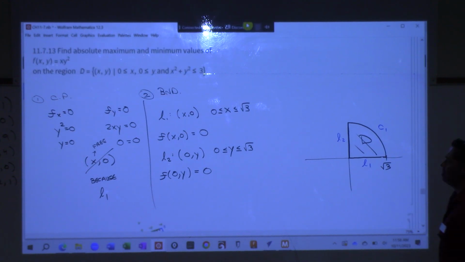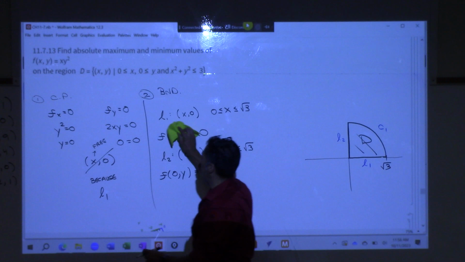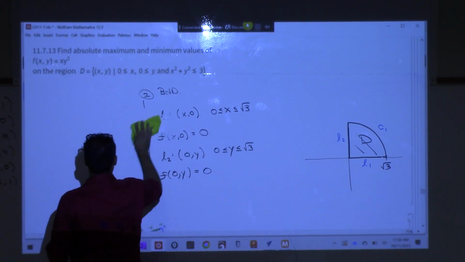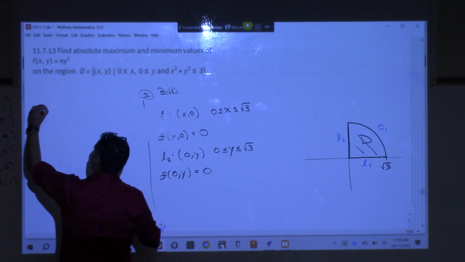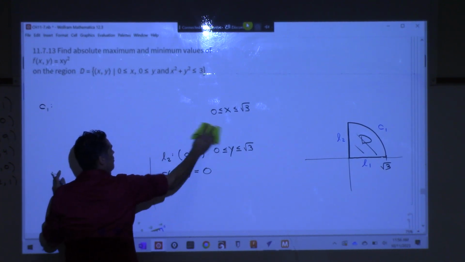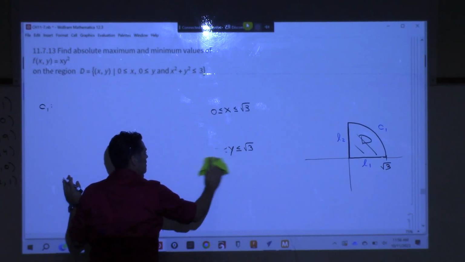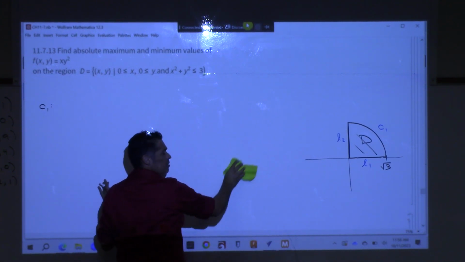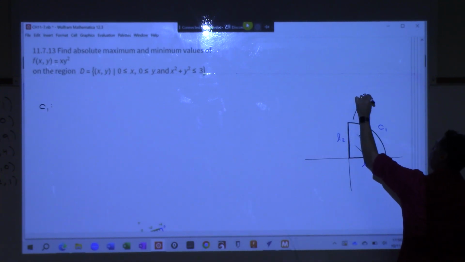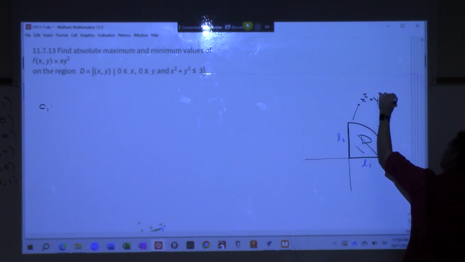All right, so now what? C1? Okay, let me erase this. I'll move along C1. So along C1, well, then I'm working on that circle, aren't I? I'm moving along the circle. And the equation of that circle was x squared plus y squared equals 3.